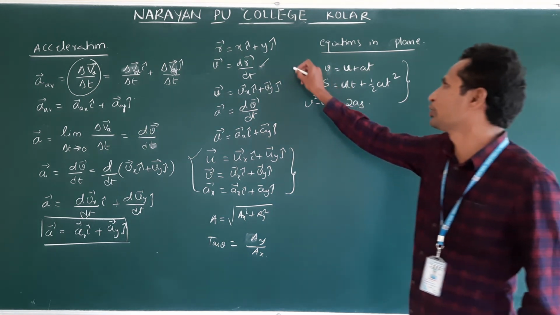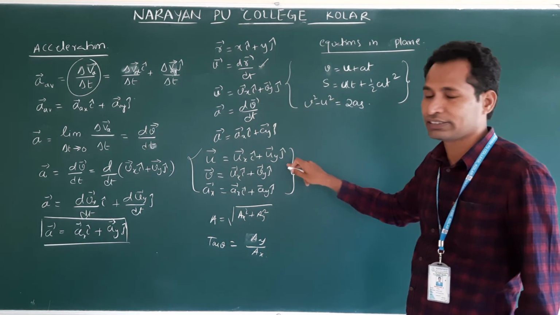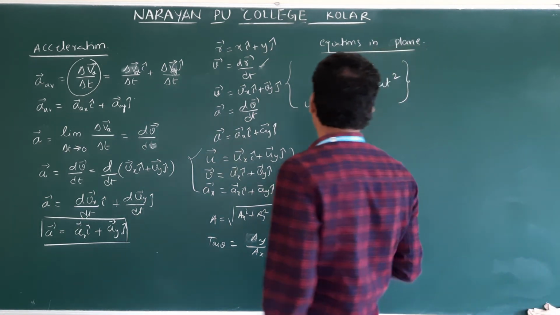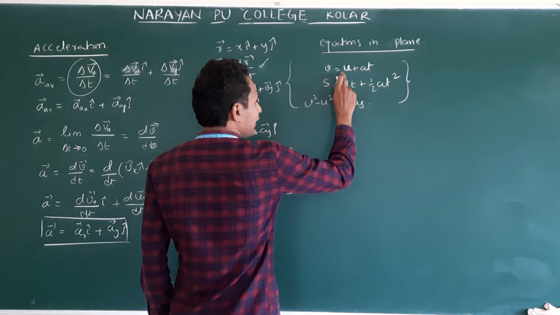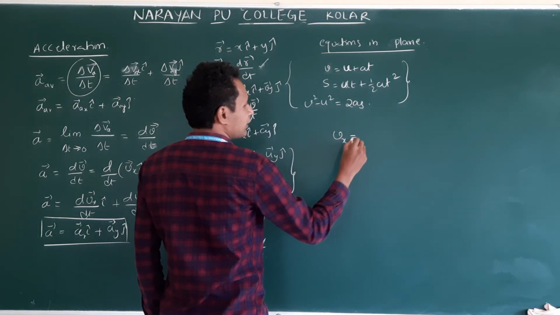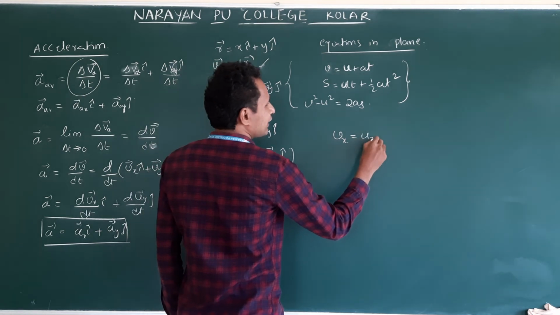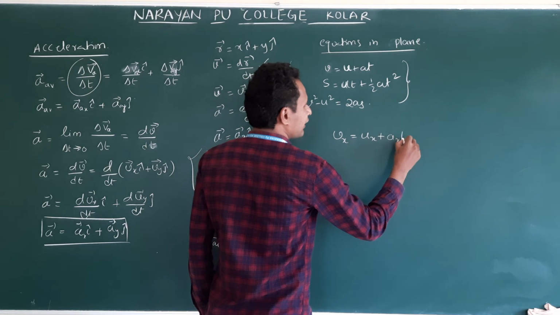Now these are straight line motion equations. These three. The same three equations we will write in two dimensions. How do we write? Final velocity along x direction is equal to initial velocity along x direction plus acceleration along x direction into t.